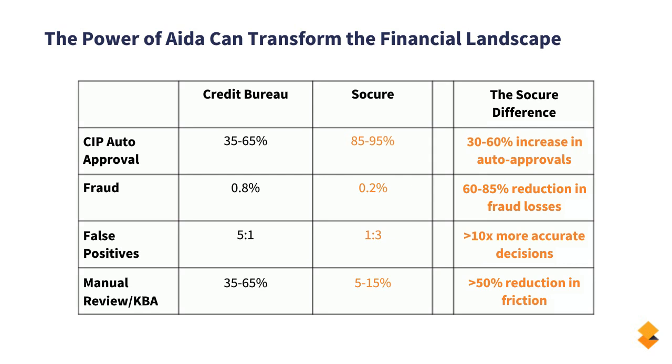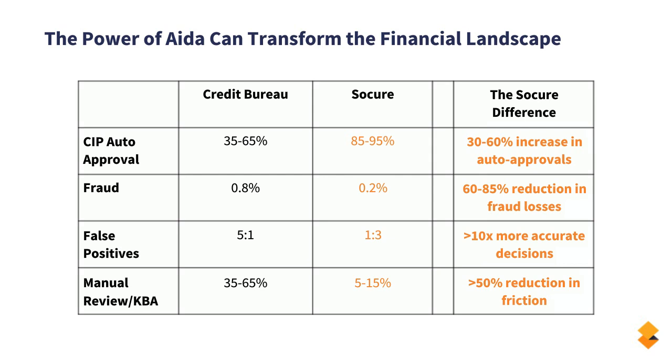The first piece that we've seen in value add in some of our deployments with Simility is increasing auto approvals. We have a well-known consumer-facing fintech where we were able to increase their CIP auto approval rates by over 30%.